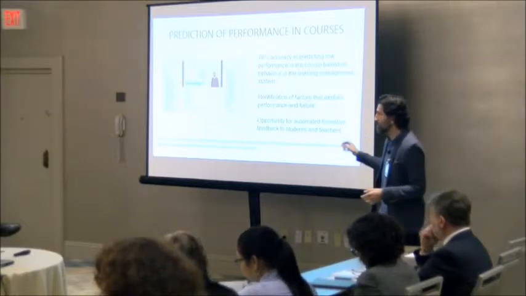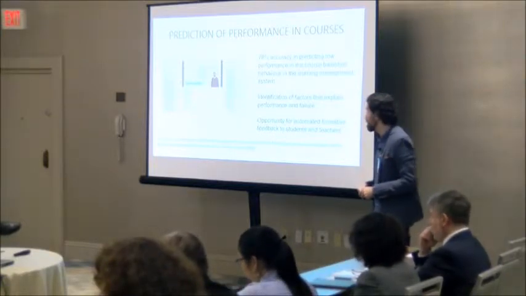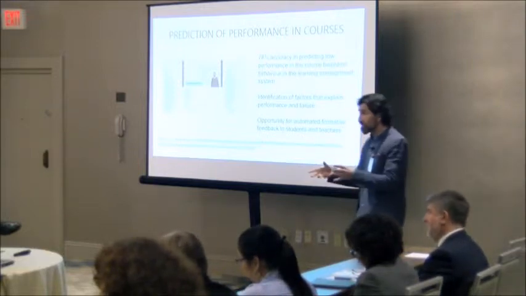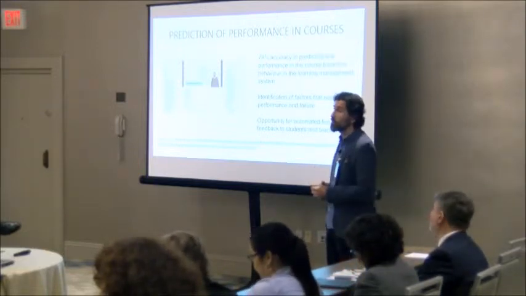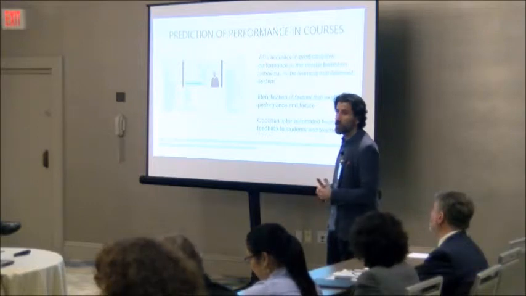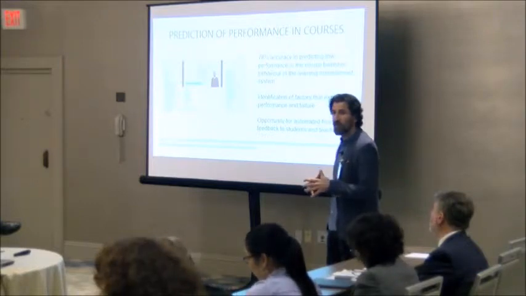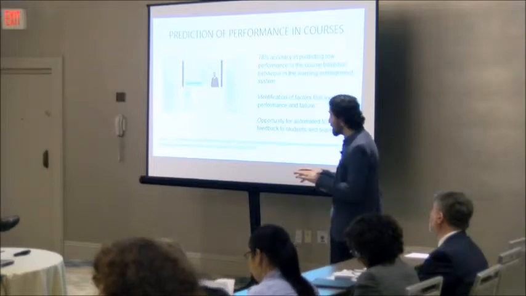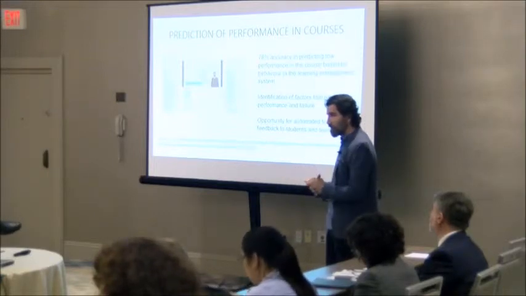So we try to get help from technology and these machine learning algorithms. And using this data, we were able to predict performance with around 78% accuracy based on their behavior in the learning management system.